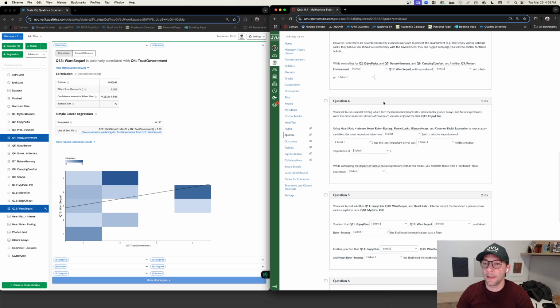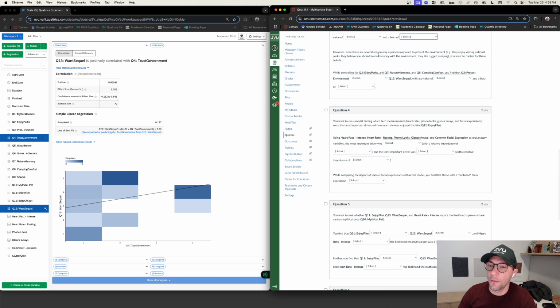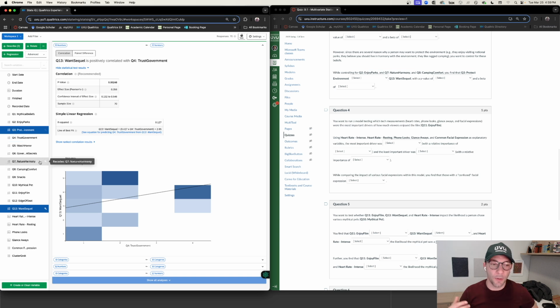Now for this next step, it says keep that finding in mind, but we want to know, since there are several reasons why a person might want to protect the environment, so you want to protect the environment, but you may also think that we should have harmony with nature and not try to control it.